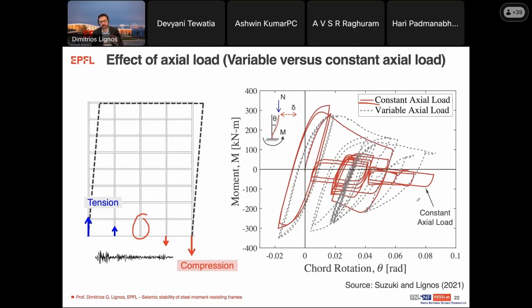And because you don't have this variation of the neutral axis position, ultimately this leads to the column losing its load carrying capacity at a much earlier or smaller rotation compared to the case that you have variable axial load. And you see that, for instance, at 8% drift in this case, the column is able to sustain about 30% of its reserve capacity.